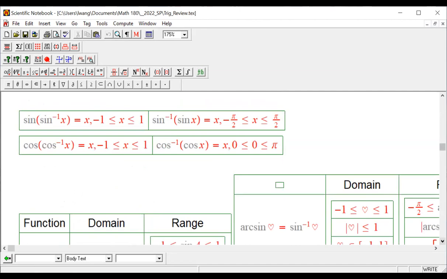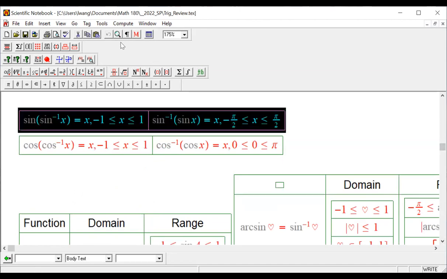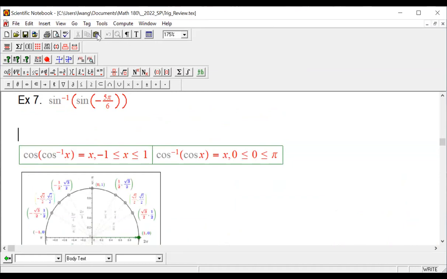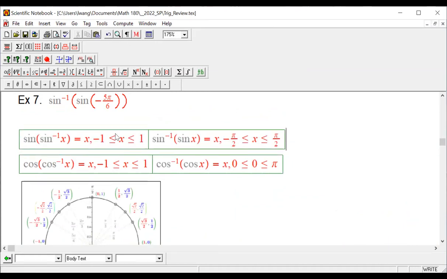This one is the closest, but negative 5 pi over 6 is outside this interval, therefore it doesn't apply. So I'm just going to put a note here: it does not apply.